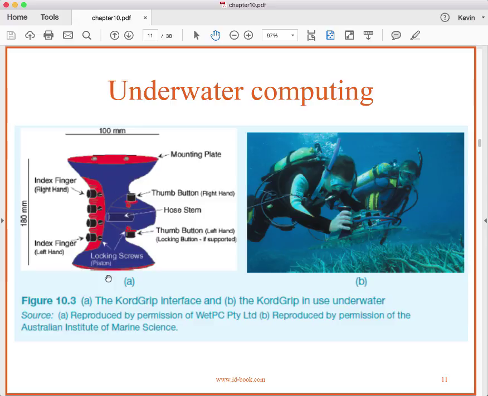So this device probably has a companion device on the surface that allows it to get GPS coordinates from the sea bottom.